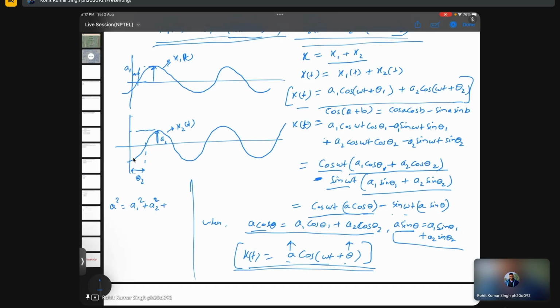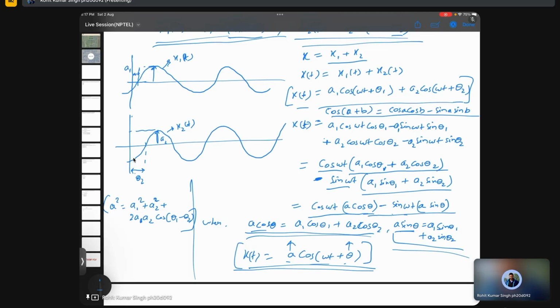plus 2 A1 A2 cos theta 1 minus theta 2, okay. This you can get from these two equations. You will have to use this cos A minus B identity. So cos A plus B was this thing, sorry, cos A plus B was this thing.